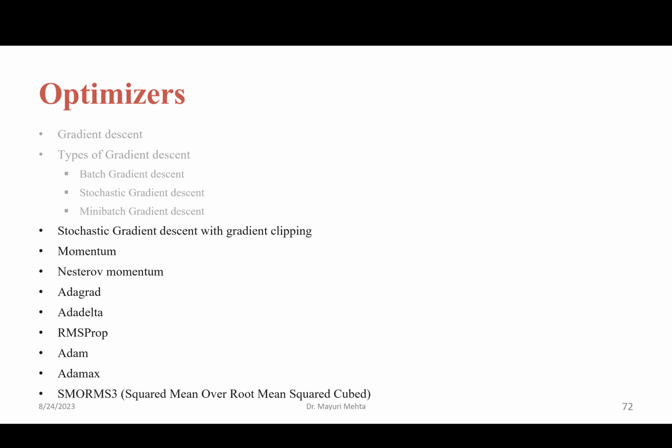Next is RMSProp, root mean squared propagation. RMS stands for root mean square, and Prop stands for propagation. RMSProp, like AdaGrad and AdaDelta, also adapts the learning rate of each parameter during the training process.